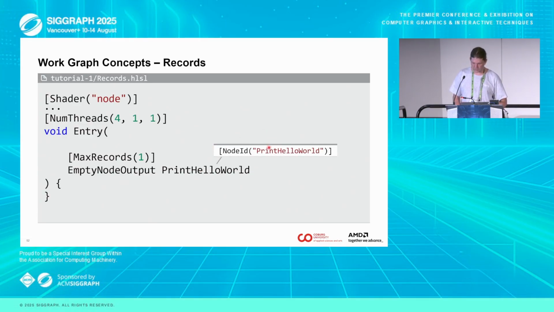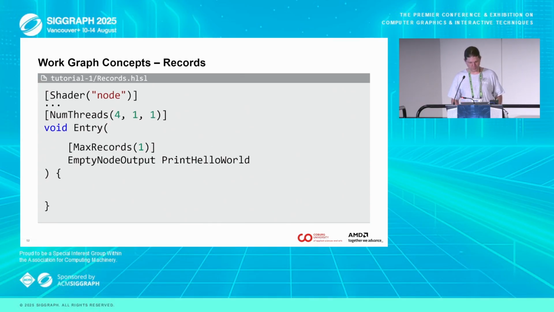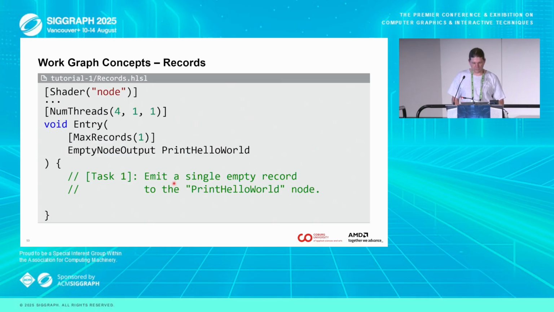So we are going to link this to the node print hello world, and if you look in the code of the Work Graphs Playground app, you'll find such a node already implemented for you. And if you would, you can walk along with me and emit a single empty record to the print node hello world here.